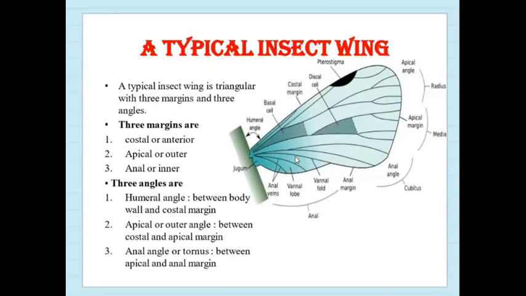We see the typical insect wing. A typical insect wing is triangular with three margins and three angles. Where are the three margins?